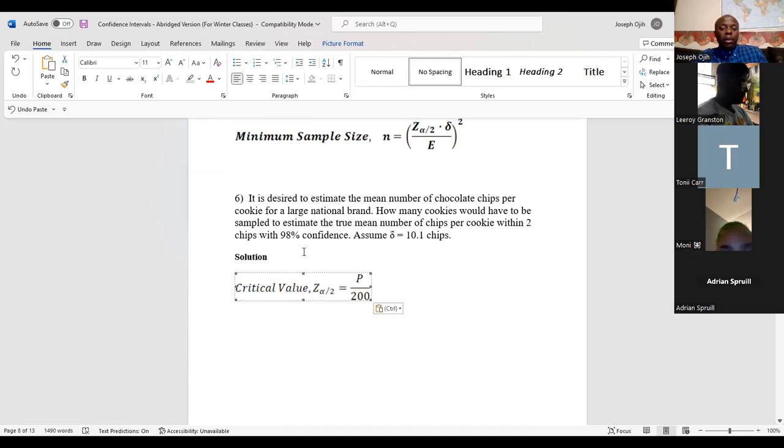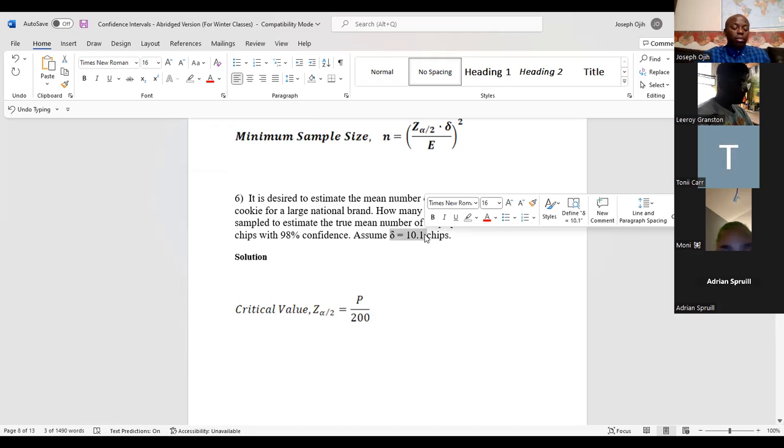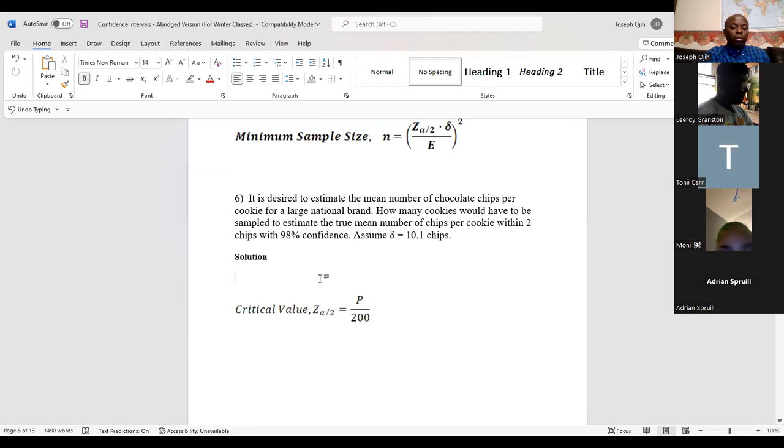But before then, we are told that the standard deviation is 10.1 chips. They want to know how many cookies have to be sampled to estimate the true mean of chips within 2 chips.